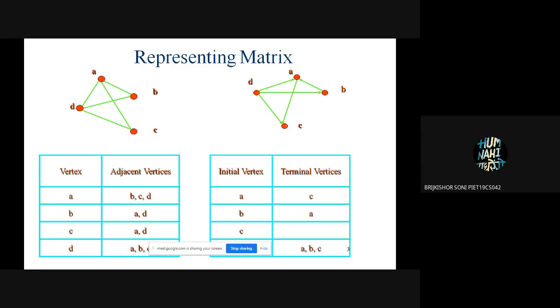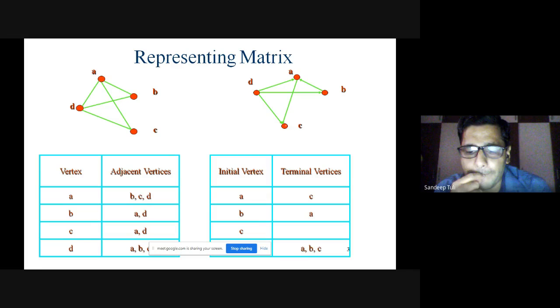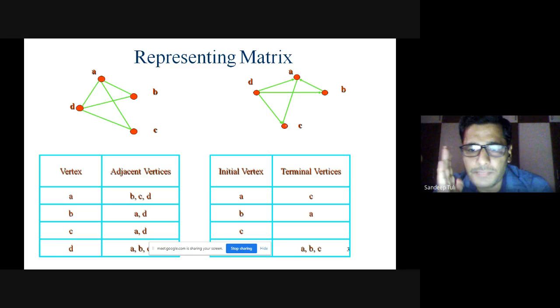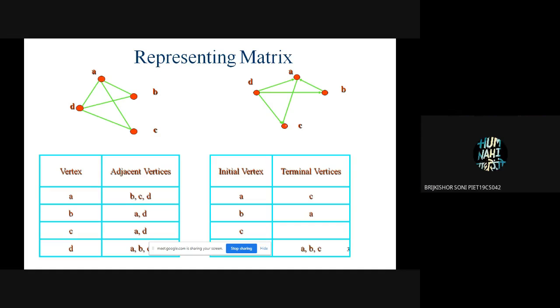Because, sir, C is connected to 2 vertices, A and D. Anyone else? Is C connected to 2 vertices, or the reverse? Sir, 2 vertices are connected to C.